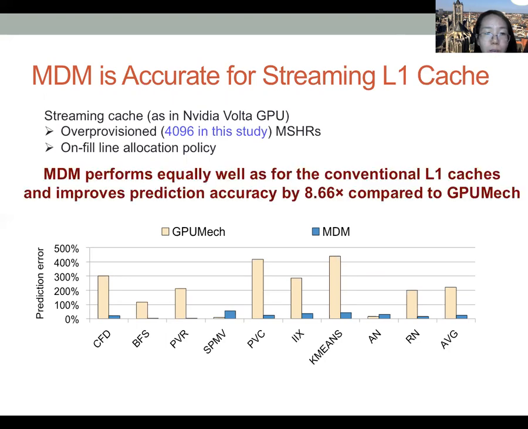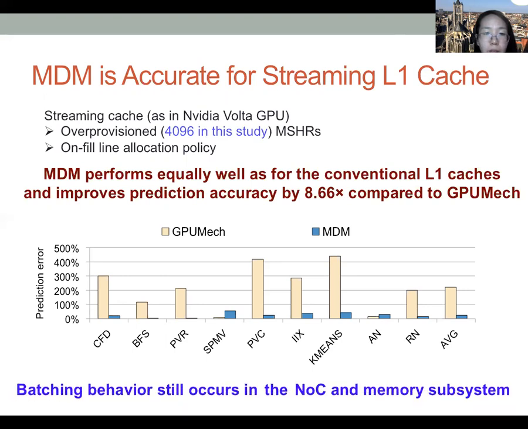It improves prediction accuracy by 8.66x compared to GPU-Mech. The streaming cache practically removes L1 blocking, but the batching behavior still occurs because the queuing in the NOC can only buffer a finite number of concurrent requests.